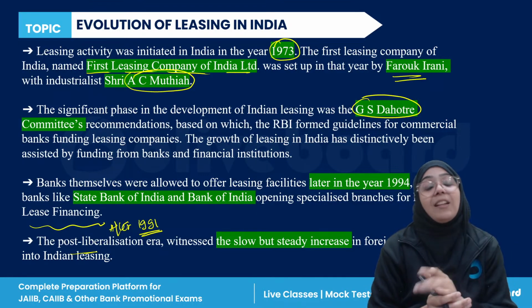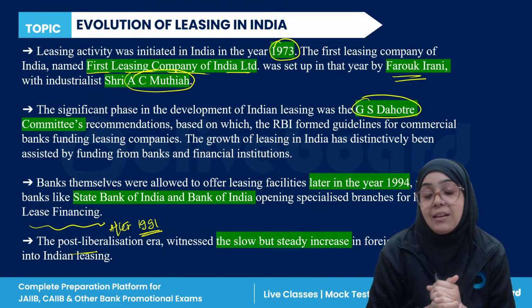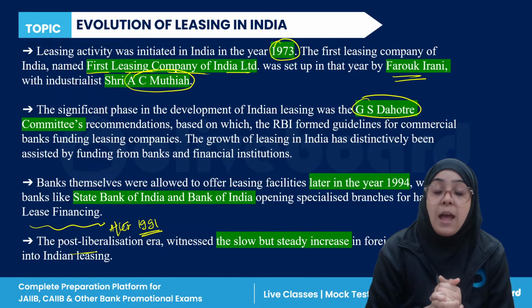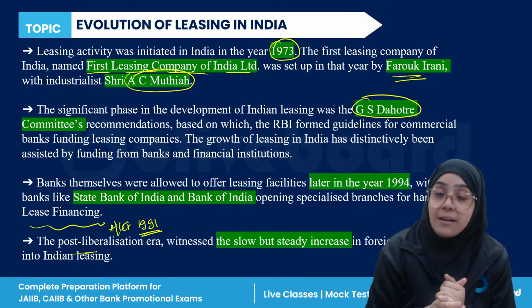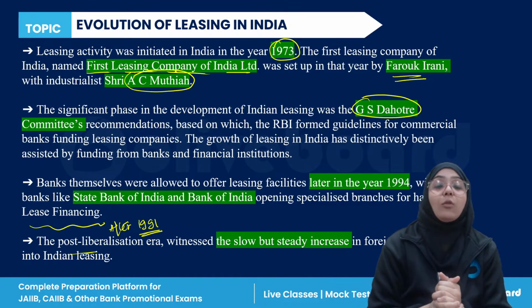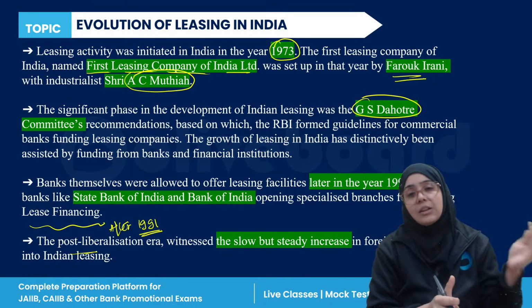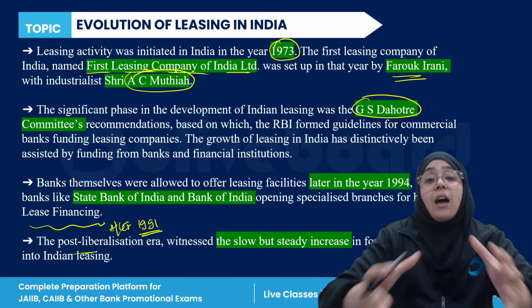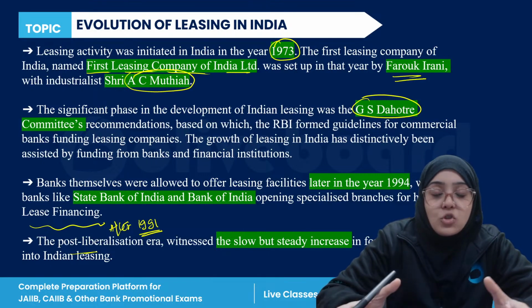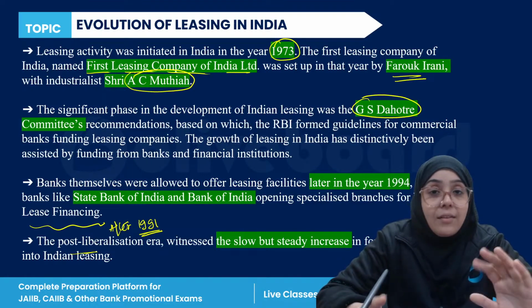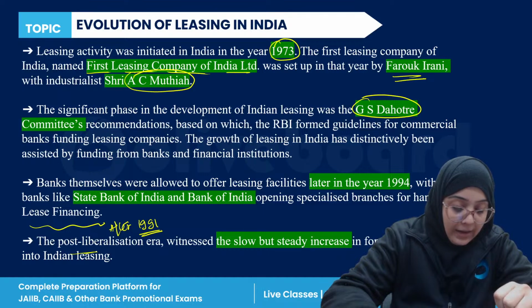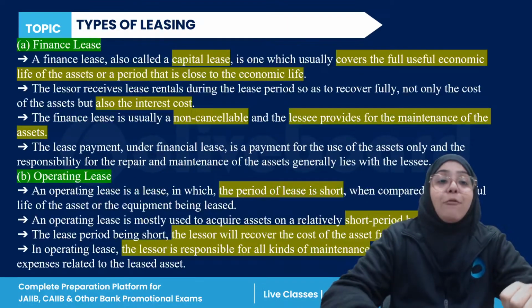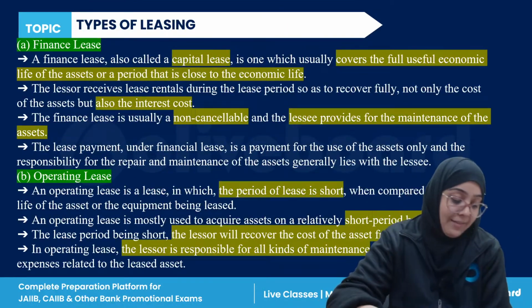Banks themselves were allowed to offer lease facility later, in the year 1994. In the initial stage, banks like State Bank of India and Bank of India started specialized lease branches to handle lease finance in the banking system. Clear? Next, let's talk about the types of lease financing.